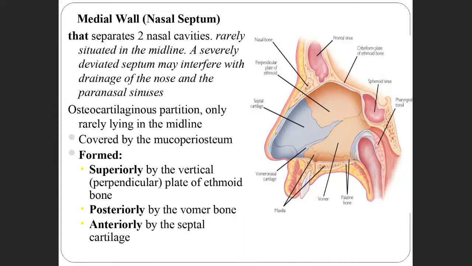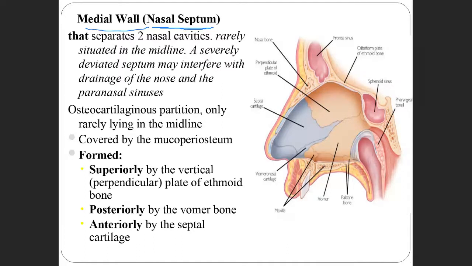Next, the medial wall. What is there in the medial wall? It is also called the nasal septum. You can write the medial wall of the nasal cavity or the nasal septum, both are the same. This is rarely situated in the midline.